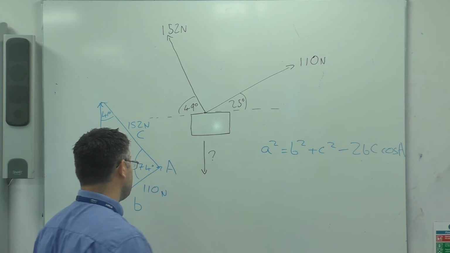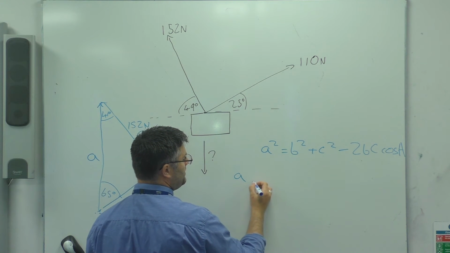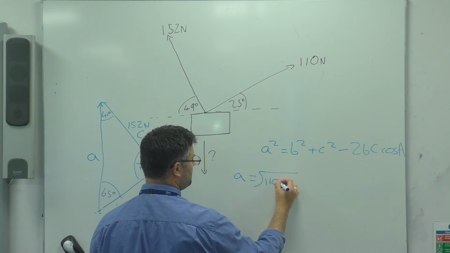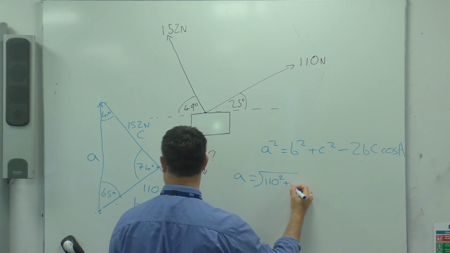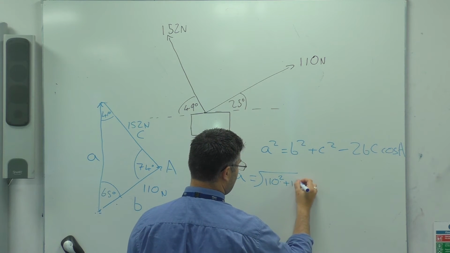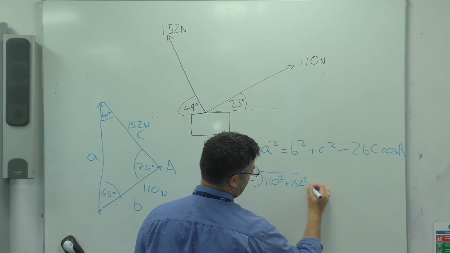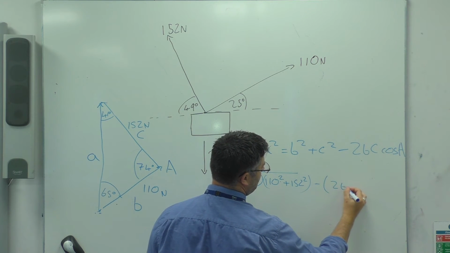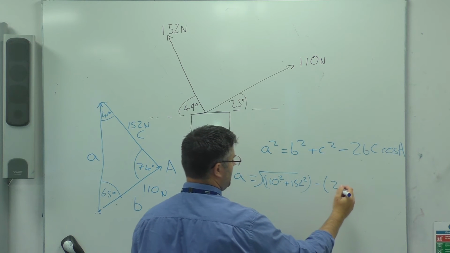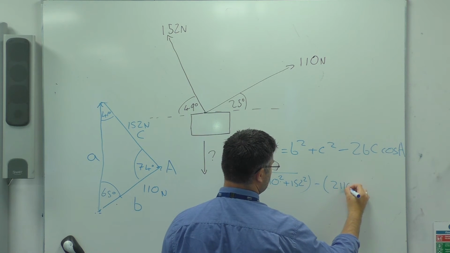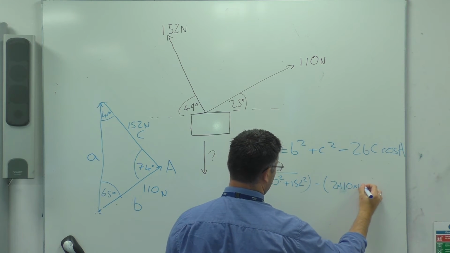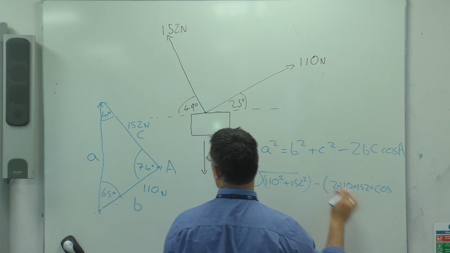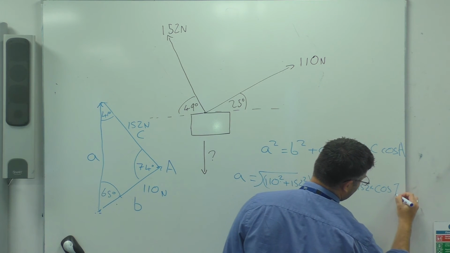We just need to throw the numbers into it. So A is going to be equal to the square root of 110 squared plus 152 squared, brackets, minus 2 times 110 times 152 times cos of our 74.